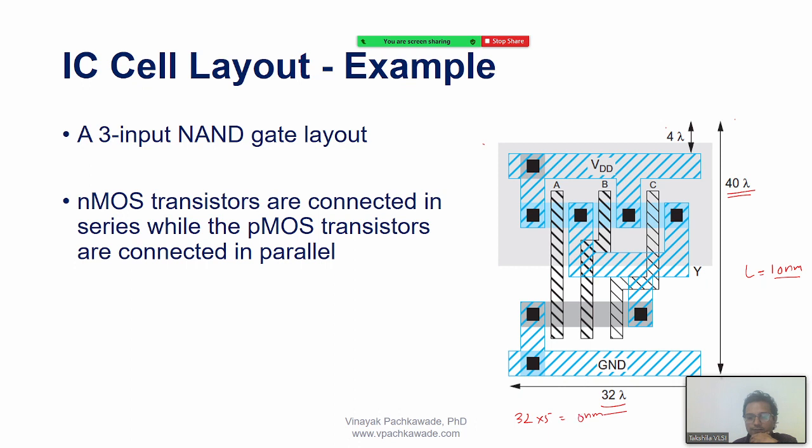How much? 160. And this would be 40 by 5, 200 nanometer. Yes or no? 160, sir, nanometer. Yeah, okay. So this is how you roughly estimate that one.